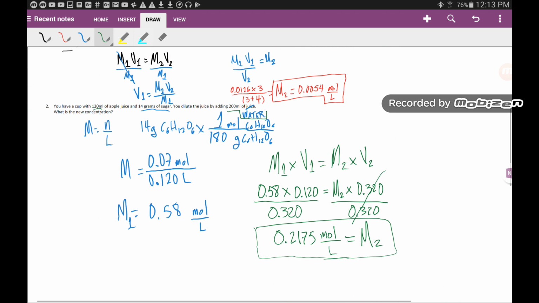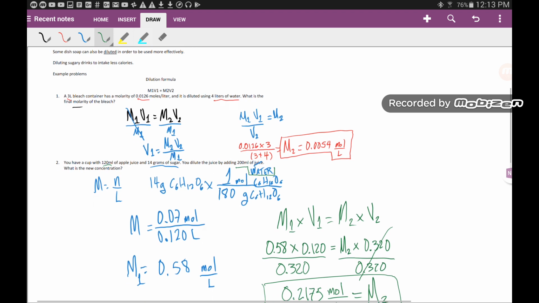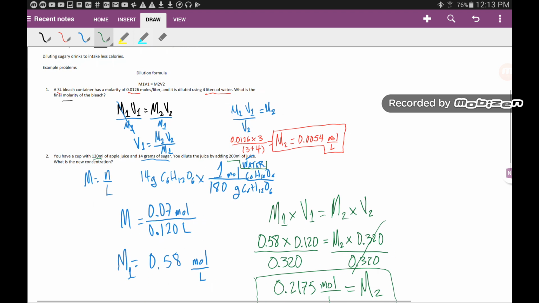Those are two examples of problems that you can have. You can have the molarity given to you, or sometimes you're going to have to calculate the molarity so you can move on, like in problem number 2, where they gave us grams. The grams, we had to convert first to moles. Remember, we divide grams by grams, we end up with moles.